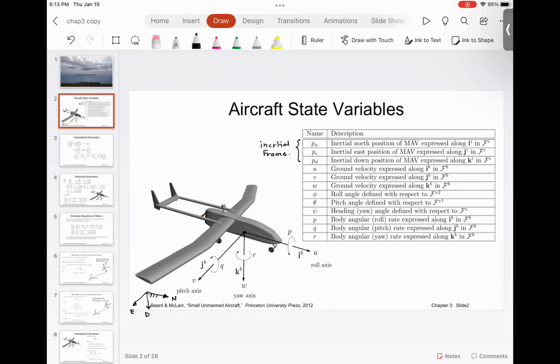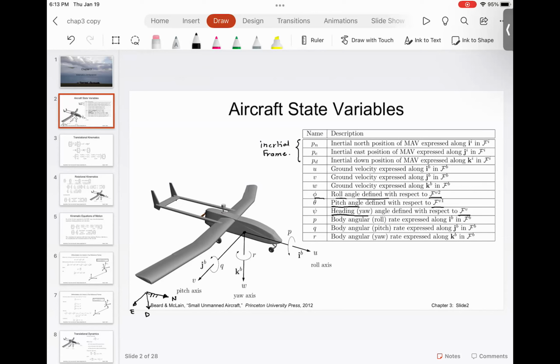First I have the yaw angle that is defined with respect to the vehicle frame. Then I have the pitch angle that is defined with respect to the vehicle 1 frame. And then I have the roll angle, which is defined with respect to the vehicle 2 frame.